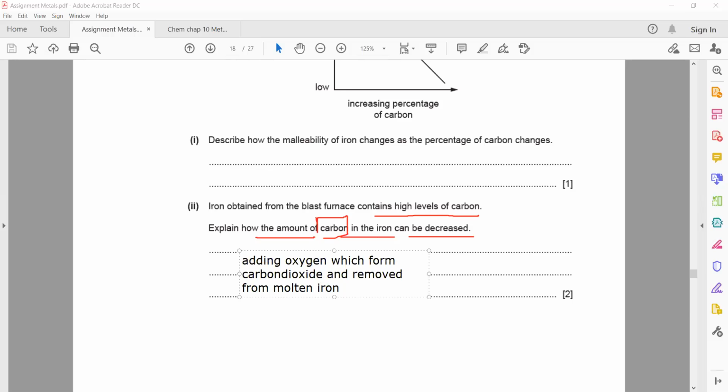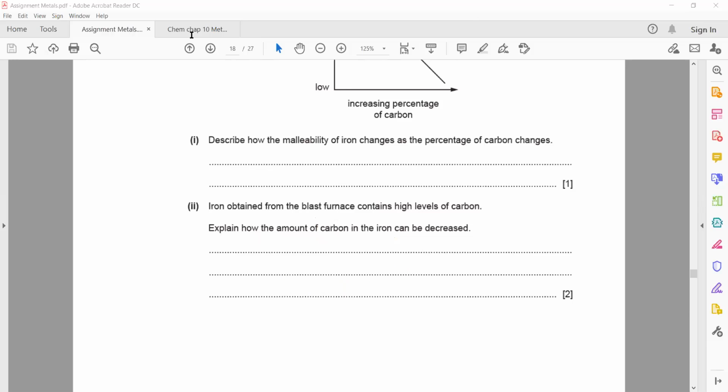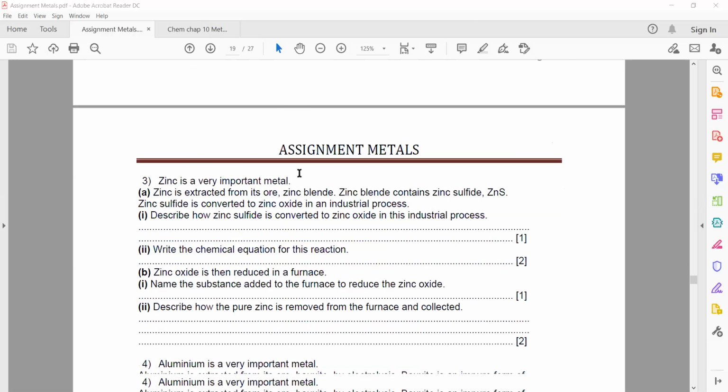You oxidize it with pure oxygen in a basic oxygen furnace. One mark is for adding oxygen and one mark is for mentioning it forms carbon dioxide.